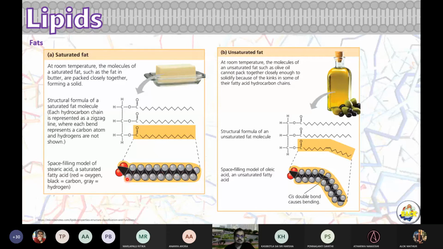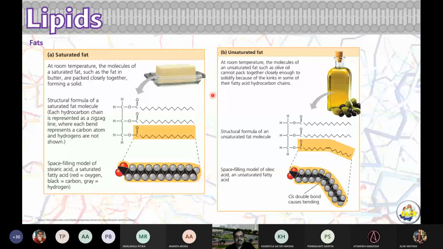In proteins and other macromolecules, we normally use a space filled model to show the overall dimension of the molecule. So this is a line drawn model and this is a space filled model. You can make it in 3D also. This is stearic acid. This type of saturated fat is called stearic acid.